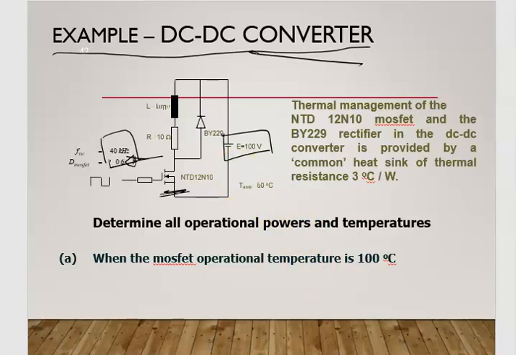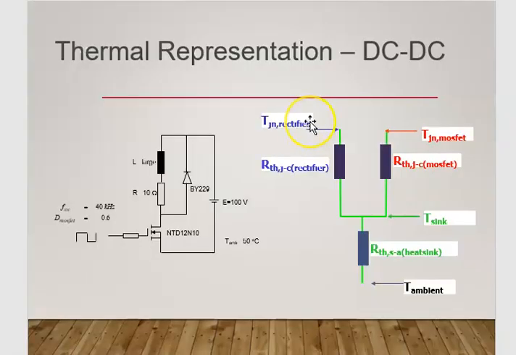Okay, let's say we have this question. The first thing we need to do is draw the equivalent, also called the thermal circuit. We have two junctions to consider, because we have two devices. One is our main switch, which is the MOSFET. Another is our power diode.